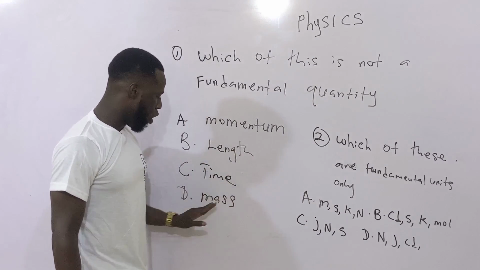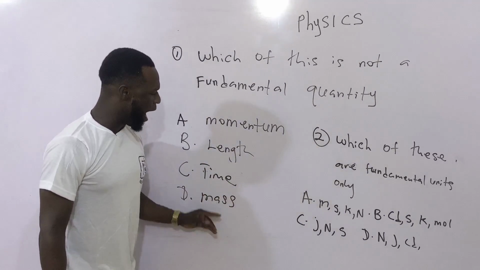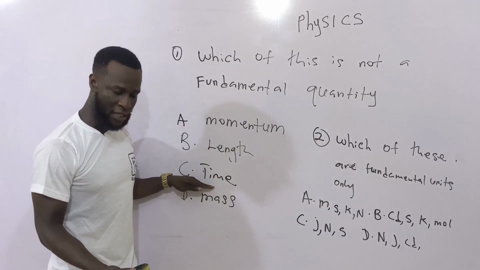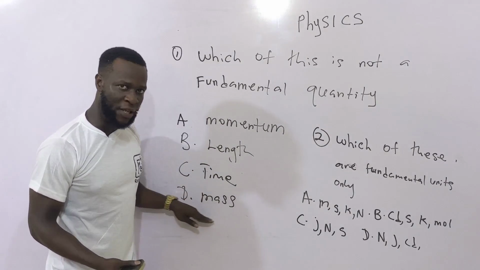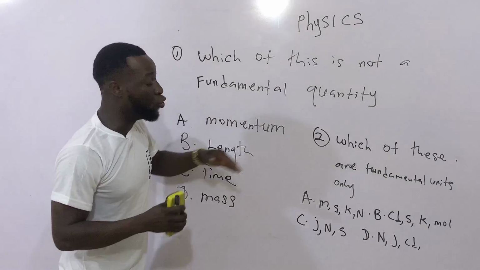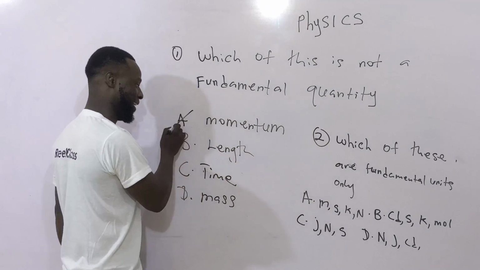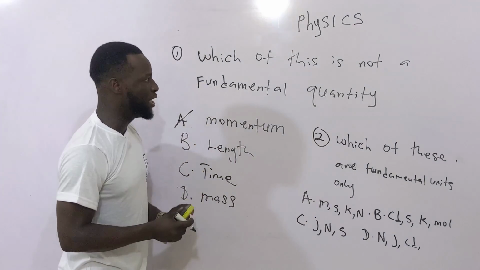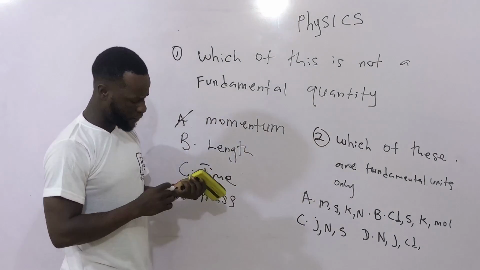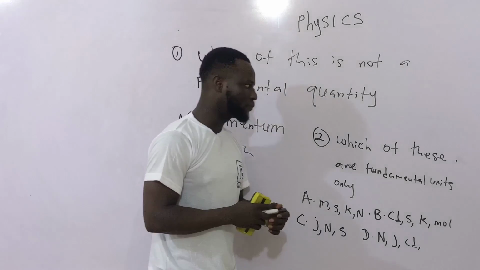Option C, time. Option D, mass. I know length is a fundamental quantity. I know time is a fundamental quantity. I know mass is a fundamental quantity. The only odd one here is momentum. So the answer to this question is A, momentum, because the question says which of these is not a fundamental quantity.